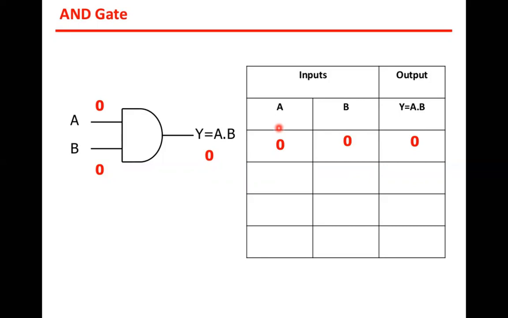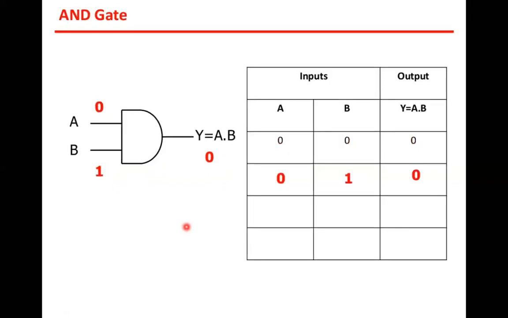Here it is 2 to the power of 2, because we are giving 2 inputs to this AND gate. So 2 to the power of 2 is 4. How many combinations will we have? 1, 2, 3, 4: four combinations. Now let us see what will happen. If I give 0 and 0 as input to the AND gate, the output will be 0, because Y is equal to A dot B. So 0 dot 0 is equal to 0.